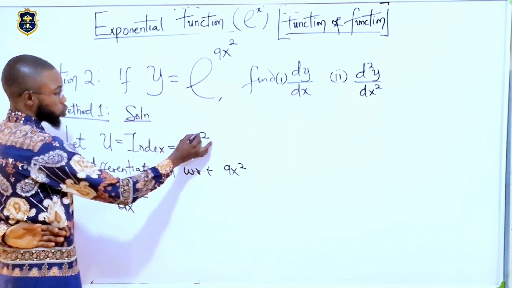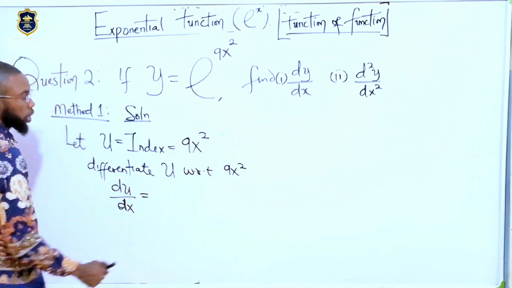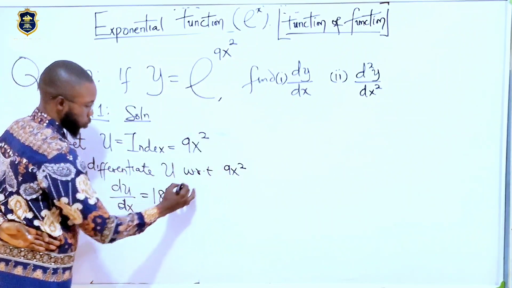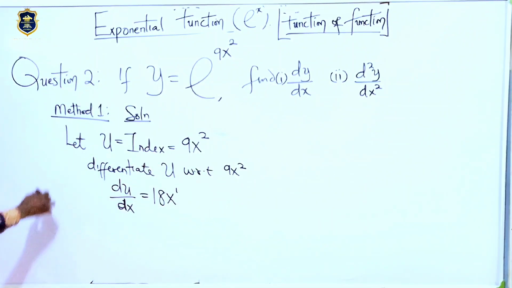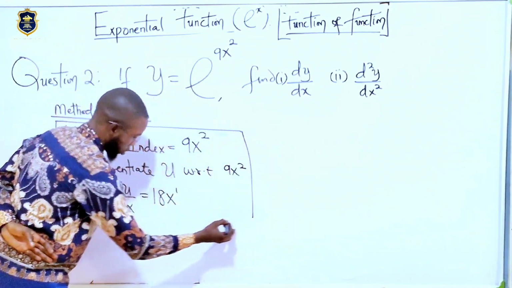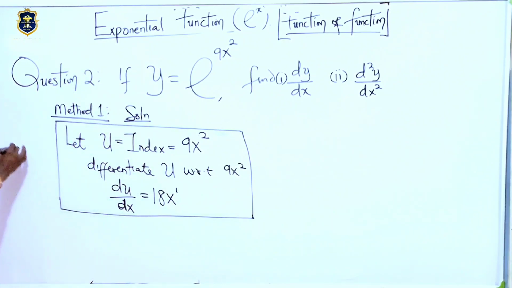We multiply by 2 and subtract 1 from the power. We've done this many times. So it's 2 times 9, which is 18x. 2 minus 1 is 1. So this is the first step we're going through. Let's put this in a box and call it step 1.